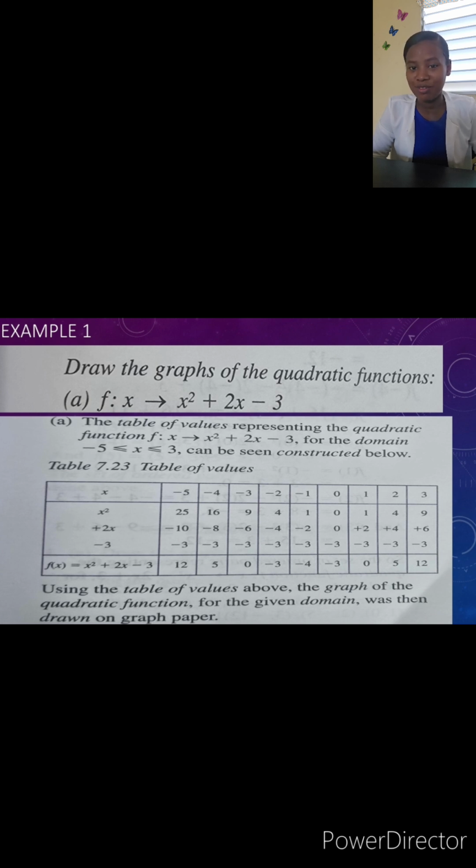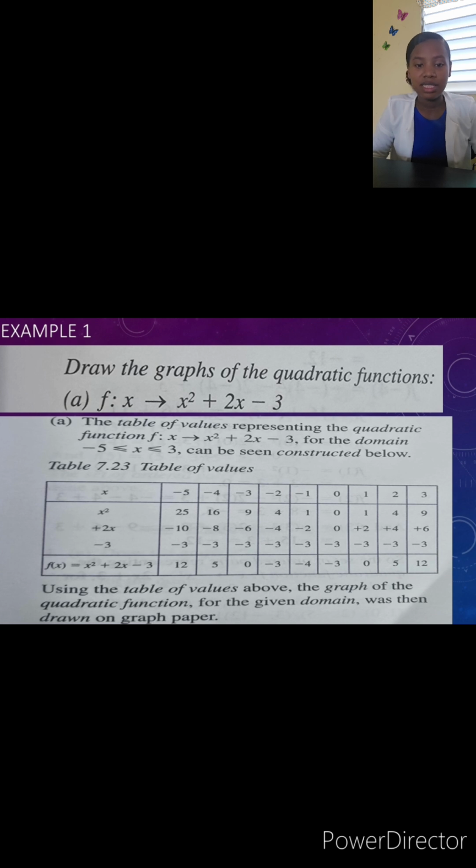Very good. I can see that everybody understands. So our x value is -2 and our y value is 3. Our x value is -3 and our y value is 0. Okay, I can see we understand everything so far.